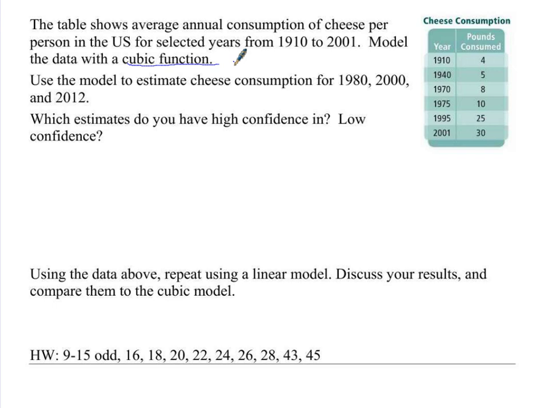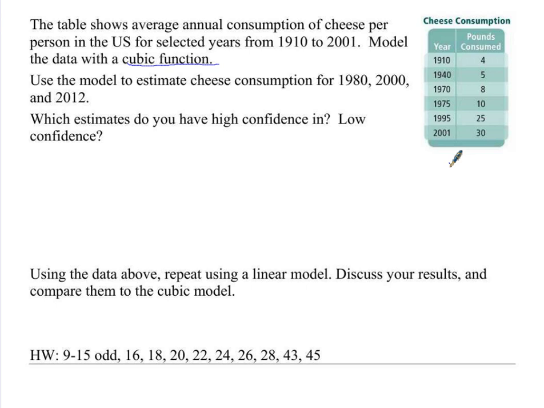Why 1980 and 2000? They're within the data. So the cubic model that we generate is going to be a very close match for the data that we have, within the data that we have. Outside of that data, like 2012, way outside our data, not as close of a match. But we can still find the estimate.